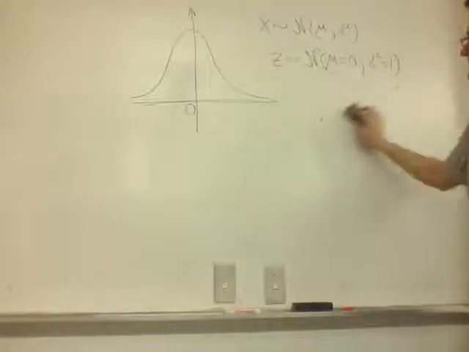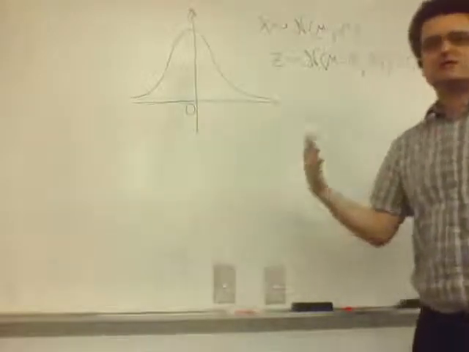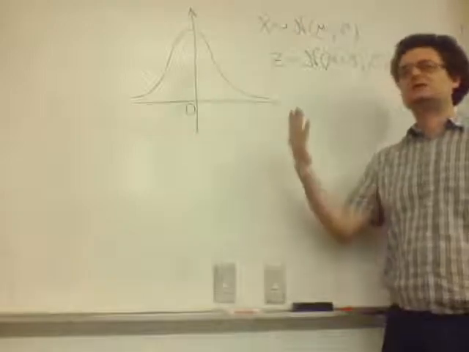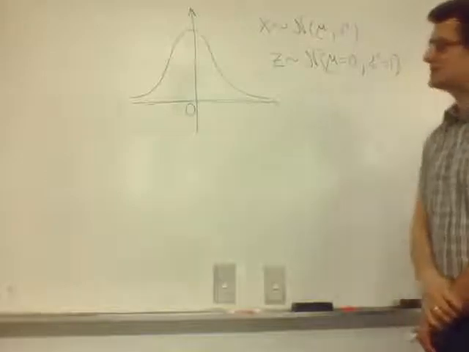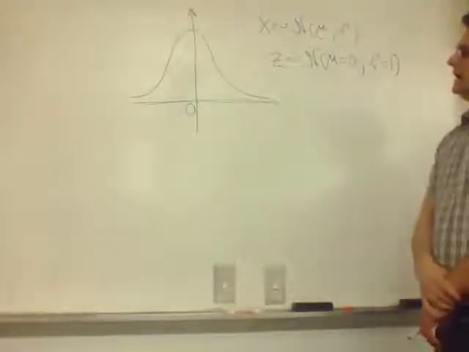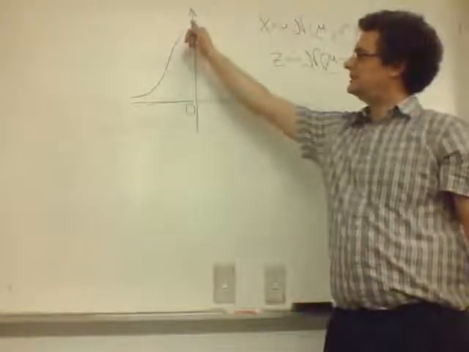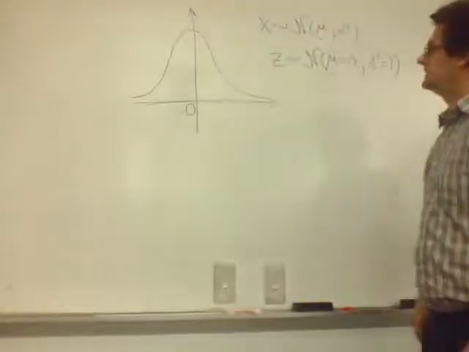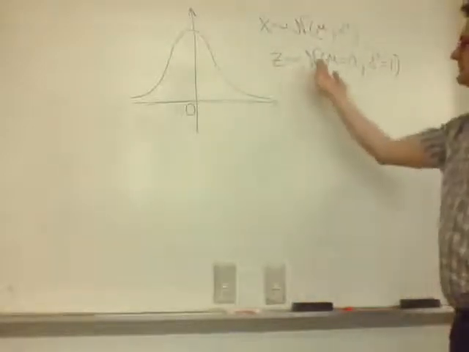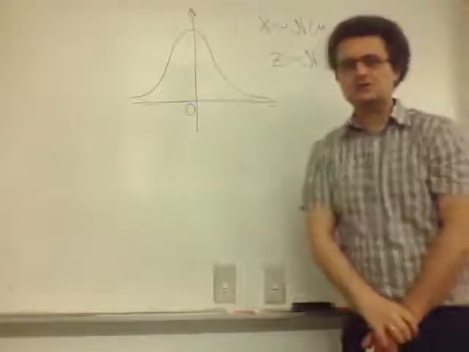It's beyond the scope of this course. You just need to know that the normal distribution has a bell-shaped density, and the mean is equal to the value where the highest point of the distribution is. When the mean is 0 and the variance is 1, that's the standard normal distribution.